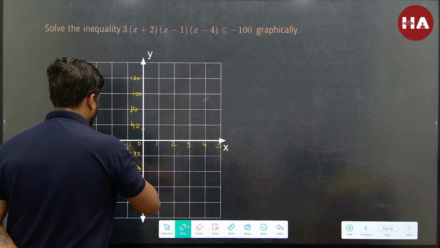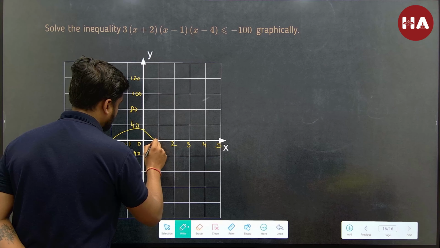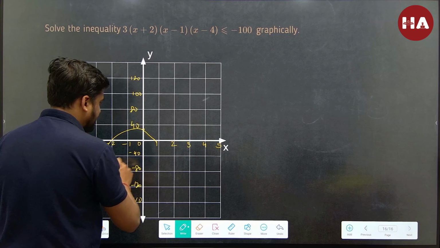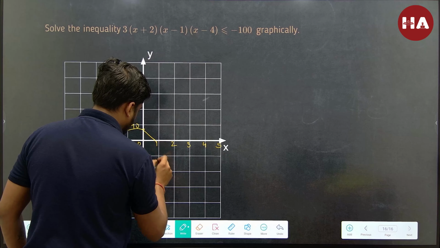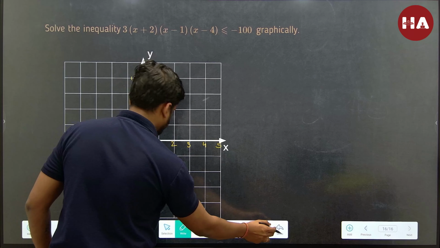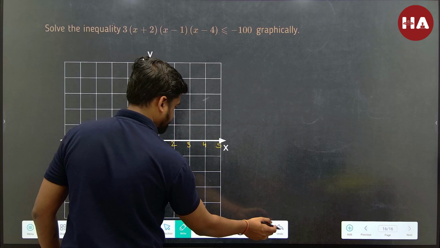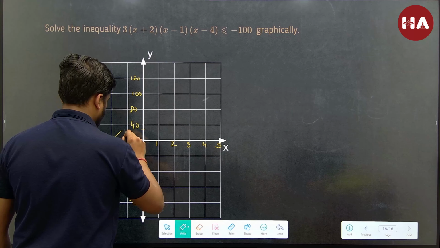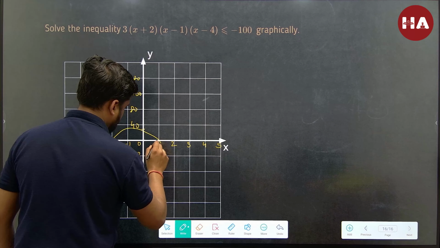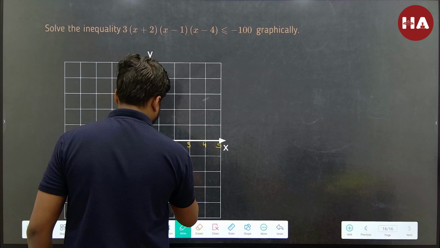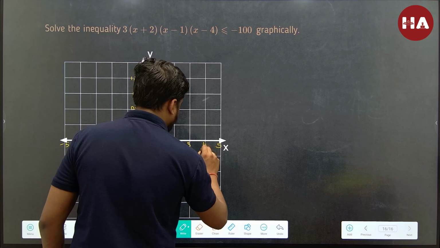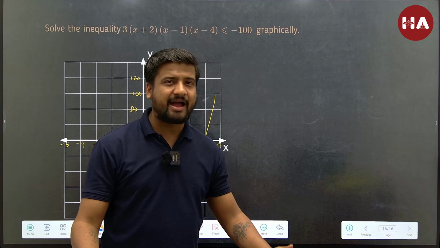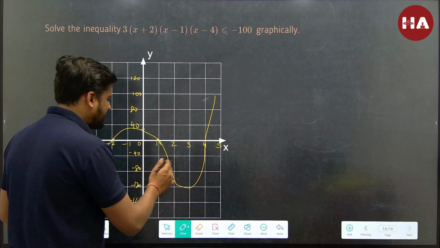So the graph should be something like this, but when it goes below the x-axis, it will be something like this, right? I'm again saying it's not the exact graph, but it will be something like this.